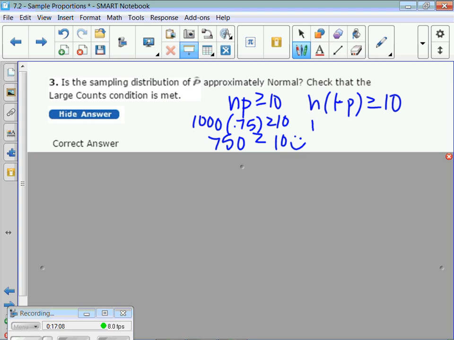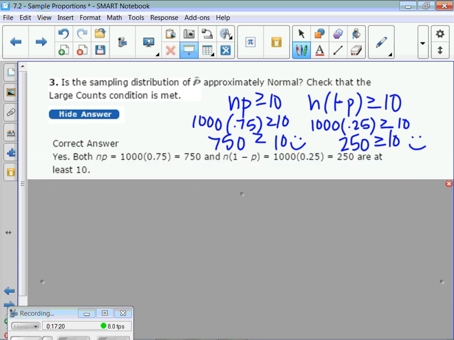All right, we still have 1,000 over here. 1 minus 0.75 is 0.25. That would be 250, which is greater than or equal to 10. So can we use normal conditions? That means we can use our calculator and do normal CDF now, okay? You will always be checking that first before you do any kind of normal calculations for proportions, okay?